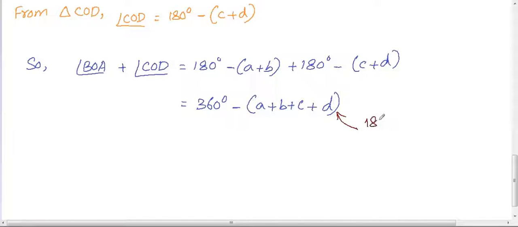So A plus B plus C plus D becomes 180, because A, B, C, D are nothing but angle 1, angle 2, angle 3 and angle 4. So the sum of the 4 angles is 180 degrees. So 360 minus 180 becomes 180.